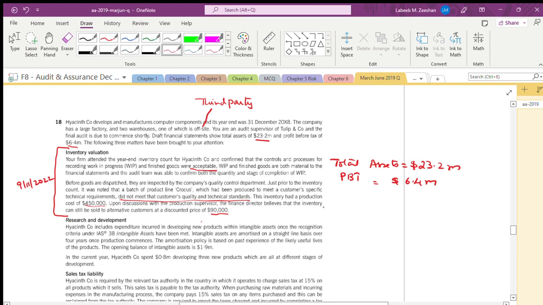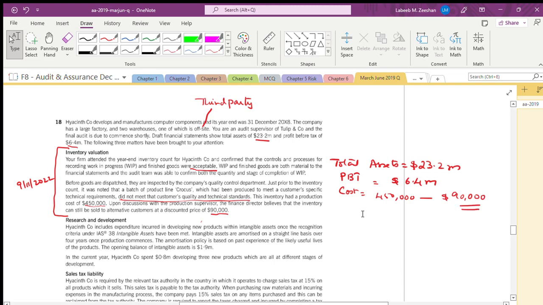Next, profit before tax. The cost of production is 450,000, and since it did not meet the standards, they are selling it for 90,000.